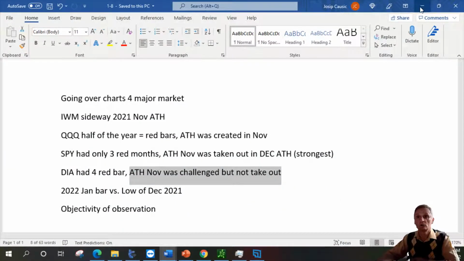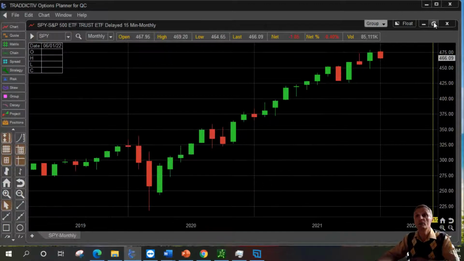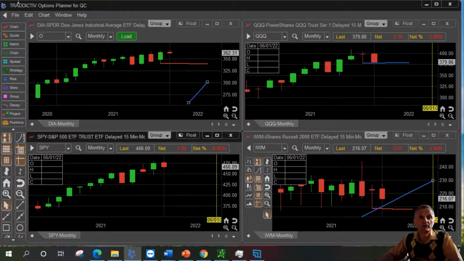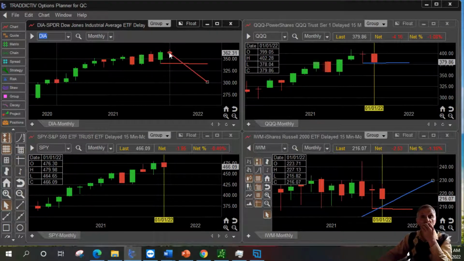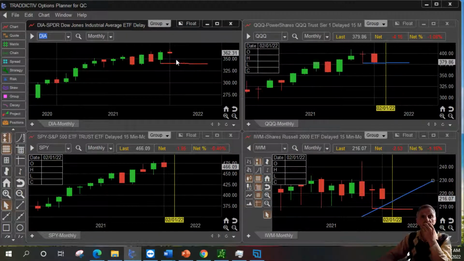Okay, so without any hesitation, I want to minimize this and bring up the diamonds. I want you to observe the bar that we are looking at right here on the diamonds.